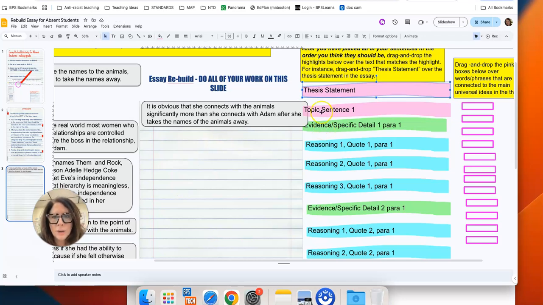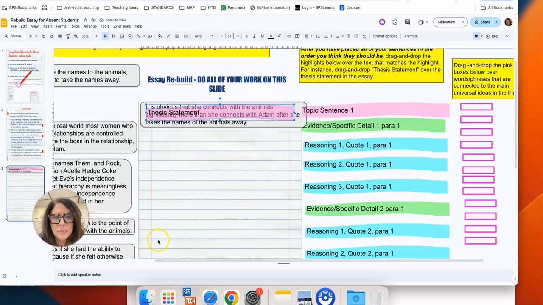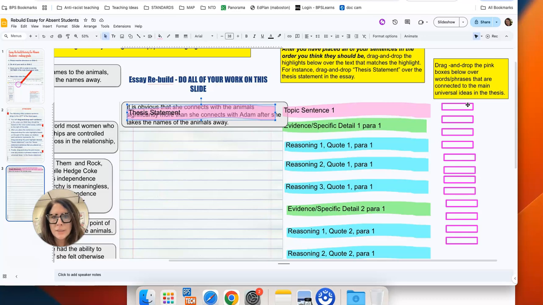Finally, once all the sentence strips are in order and you've highlighted everything for what it is, you're going to come over to the pink box and do the same thing, drag and drop, for the actual universal ideas, words that are connected to the main universal idea.